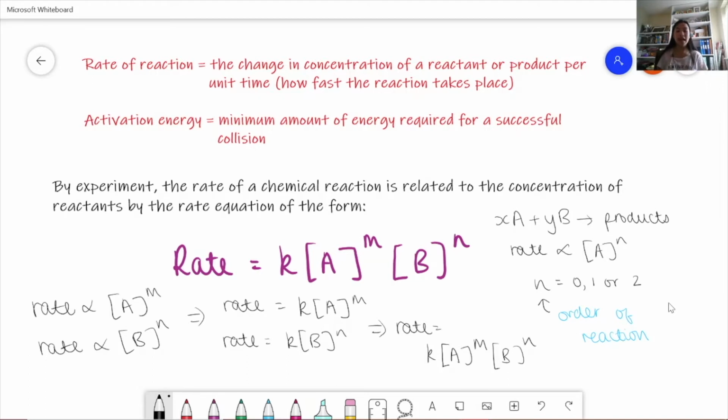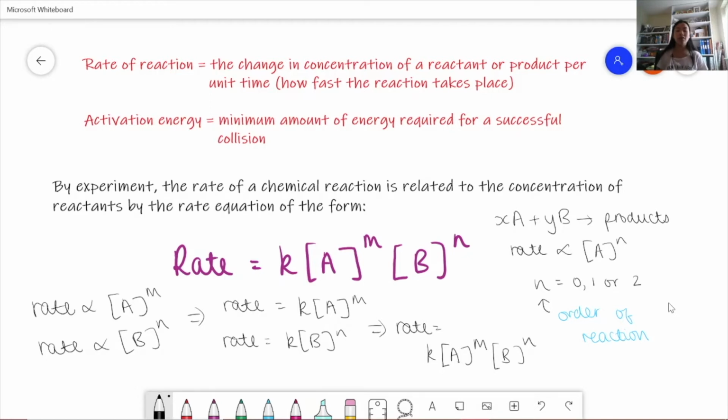And m and n, the orders of reaction, are determined experimentally, so they can't be theoretically given a value. So for the order of reactions, how we word it is that we say the order of reaction with respect to A is m, and the order of reaction with respect to B is n. And k, which is the rate constant, varies with temperature.